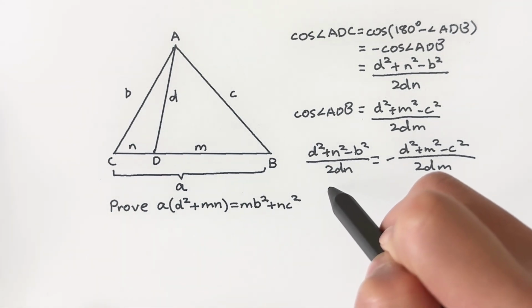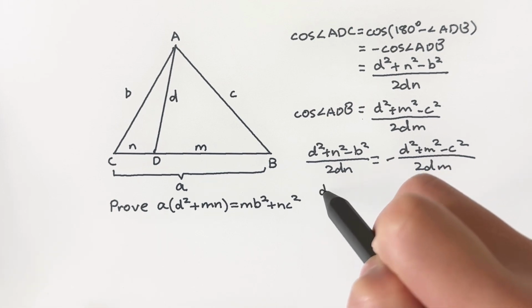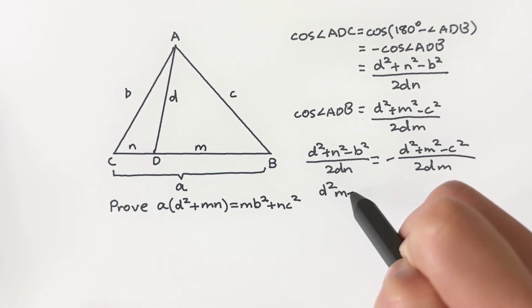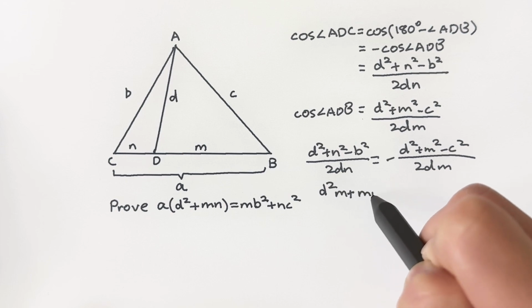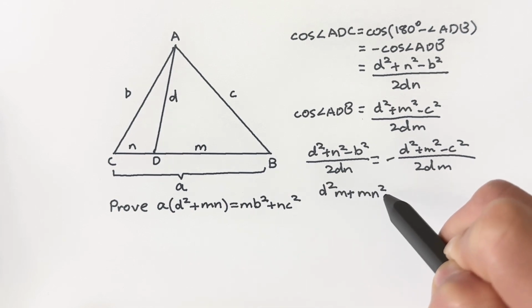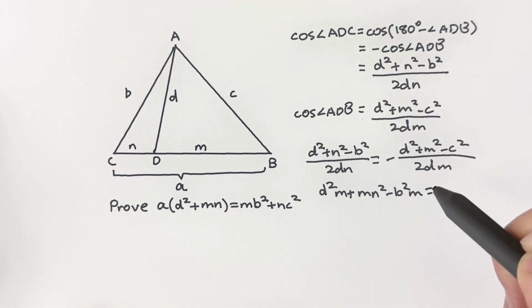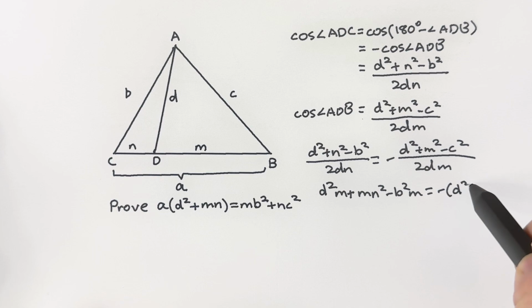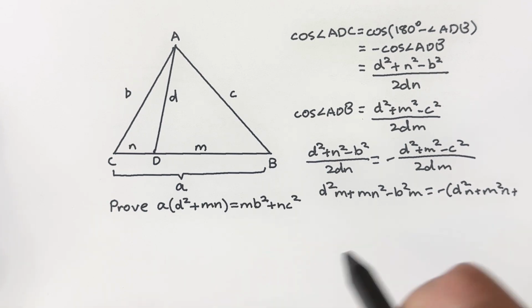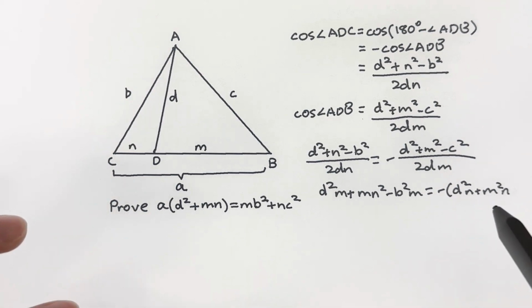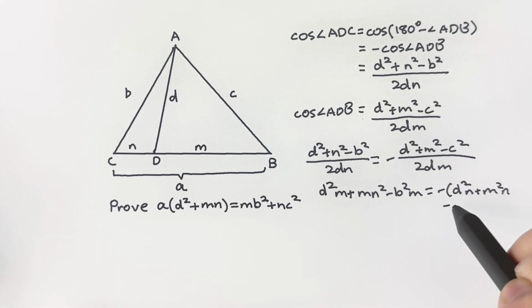This will give us d squared m plus m n squared minus b squared m equals negative d squared n plus m squared n minus c squared n.